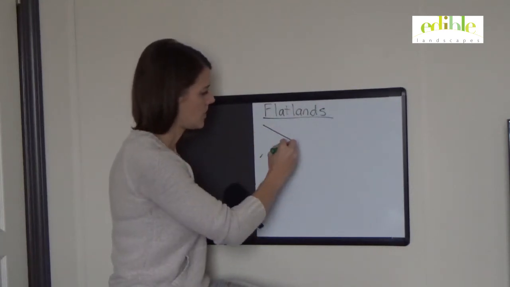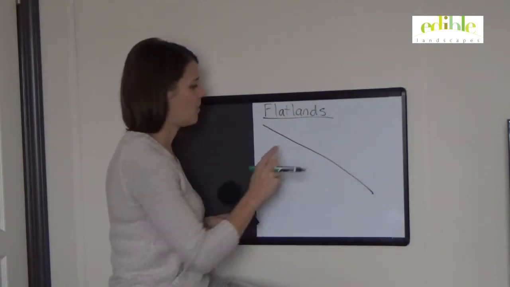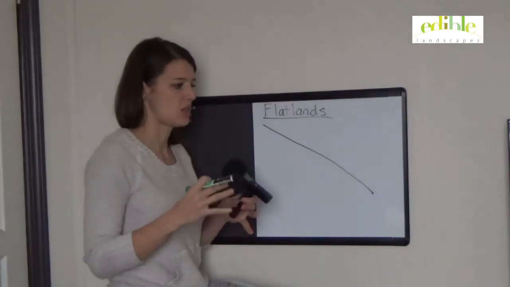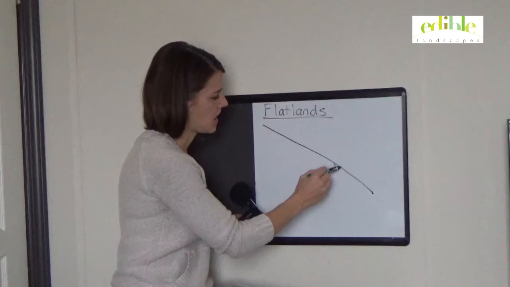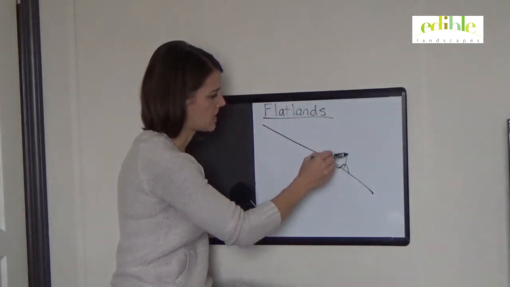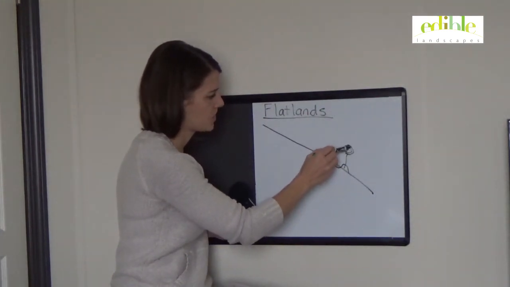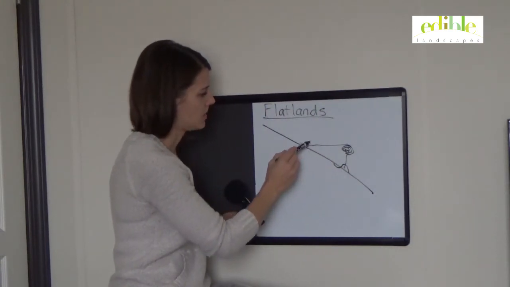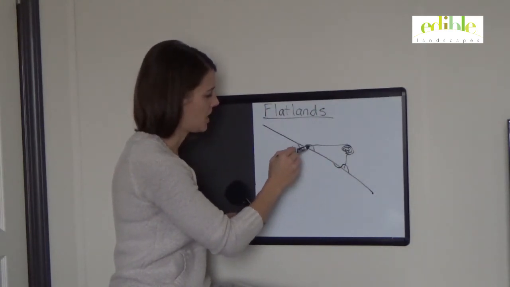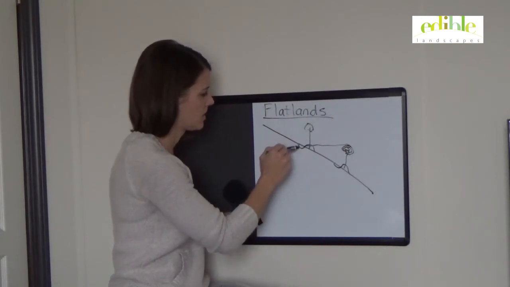So when you have a slope, a typical way of figuring out the spacing of your swales would be when you look at the size of your mature trees that are on this swale, you would almost take a horizontal line, and this would be the positioning of your next trees.